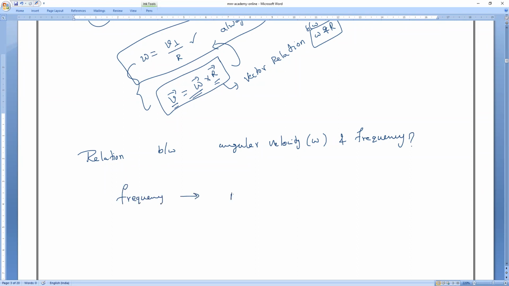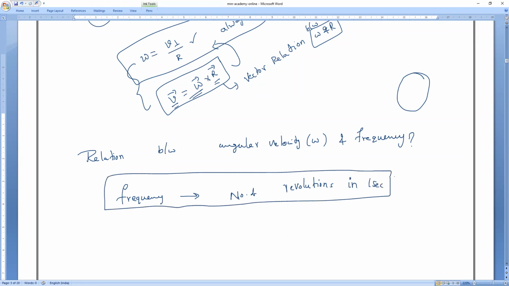Frequency, general definition: number of revolutions in 1 second. That is what we used to call frequency. Number of oscillations per second, we used to call frequency.